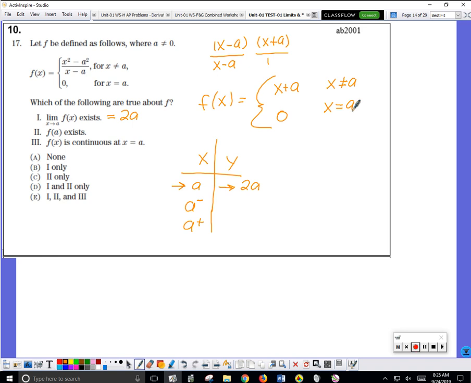Brianna? Use the top because you're not finding what it is exactly, you're finding it as it approaches. Perfect. Good point. So I'm looking for what happens when x is almost a, not exactly a. So I put a value here that's almost a.